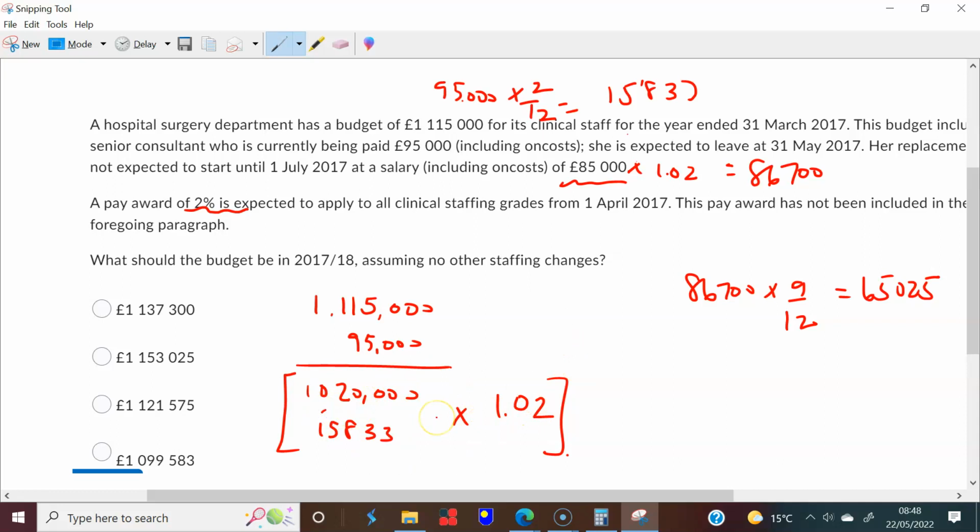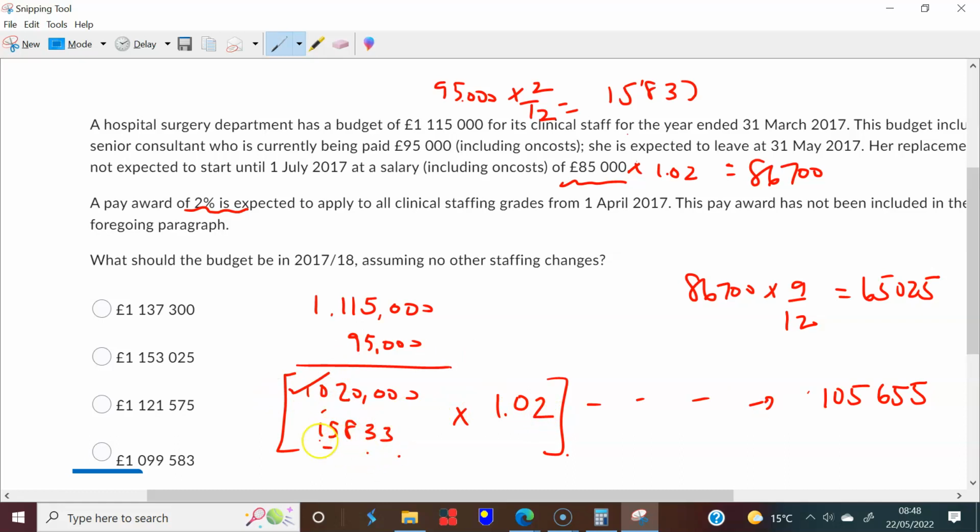This bit here, 1020 plus 15833 times the 1.02 takes us to 105,655. I'll just round up. So this is from the existing people, the people who were always with us. They get the 2%. This is the amount of the person who's with us for the period of time.